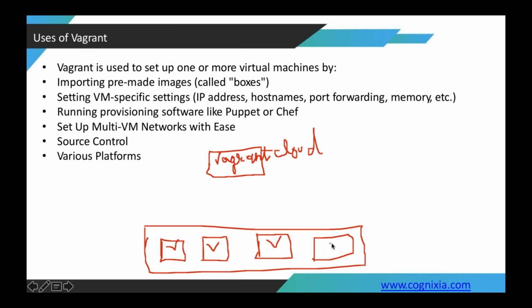Now, whenever you raise a request for the first time, let's say we try to install CentOS, it will check locally. But the very first time, it's not going to find the image on this host.